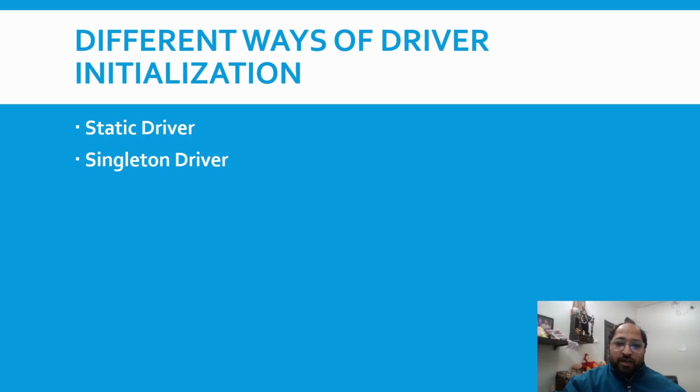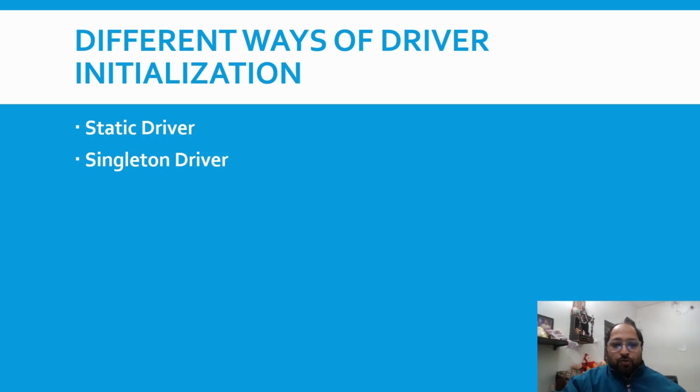While implementing the framework, we need a static or common instance of driver. So what are the ways to keep the driver common across the execution, right? When we want to execute a whole test case, we need a single driver throughout the execution, the same instance. So there are two ways: static driver and then singleton driver.